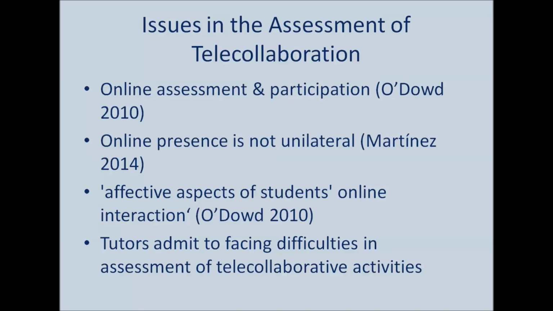I would say that these results are not surprising, and I would also say that participation is not and cannot be unilateral, that is, one direction in which the teacher assesses students, but bilateral, as online students also assess tutors in terms of their online participation, basically their online presence.